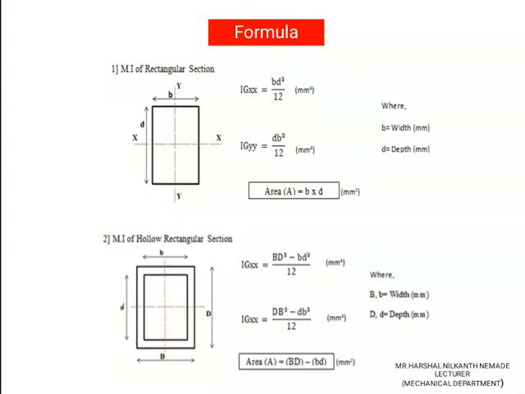Unit is mm raised to 4, where capital B and small b are widths of the rectangles in mm and capital D and small d are depths of the rectangles in mm. Area for hollow rectangular section is capital BD minus small bd and unit is mm square.